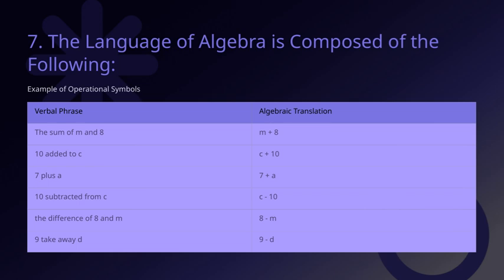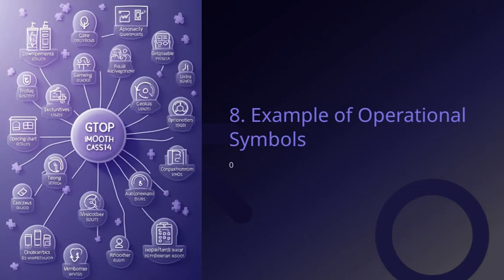Now, let's take a look at some examples of operational symbols. These symbols are essential because they help us communicate complex processes clearly and efficiently within operational diagrams. They serve as a universal language, making it easier to understand workflows and system interactions at a glance.